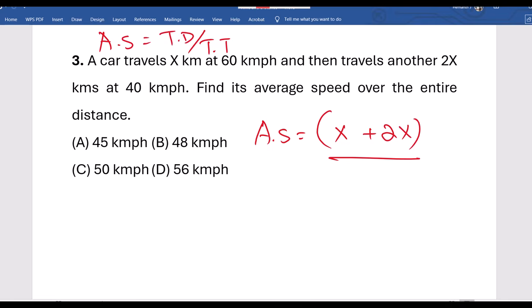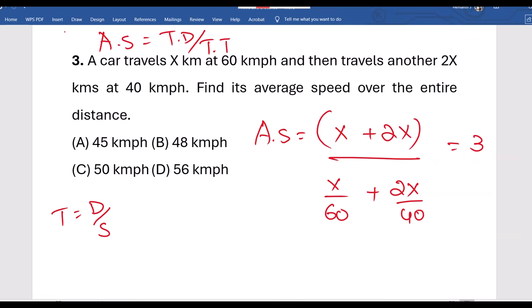Numerator, are you clear? X plus 2x. Now, denominator. What is required? Time is required. What is time? Distance by speed. First distance is x, speed is 60. Second distance is 2x, speed is 40. Now, x is common everywhere. Yes or no? Pull it out. Numerator 3. That x I already cancelled.